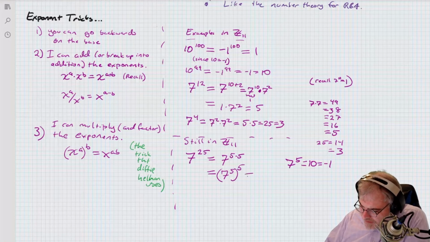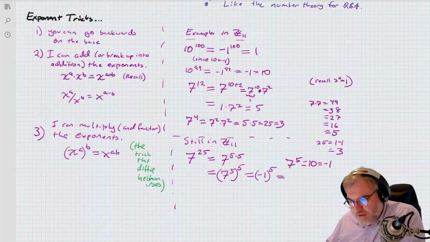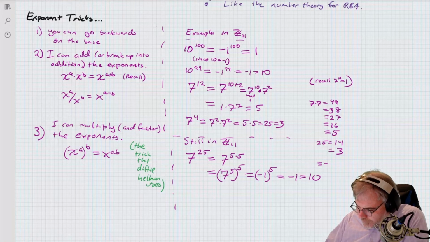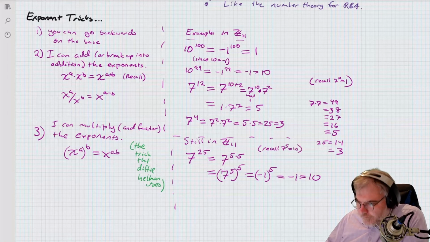And I wind up with 7 to the 5th is -1. And then I do -1 to the 5th, and I wind up with -1, which was 10. How do we feel about that, 1 to 5?